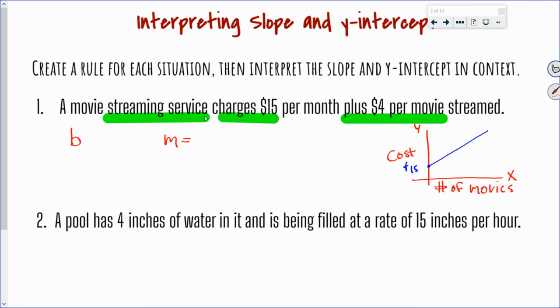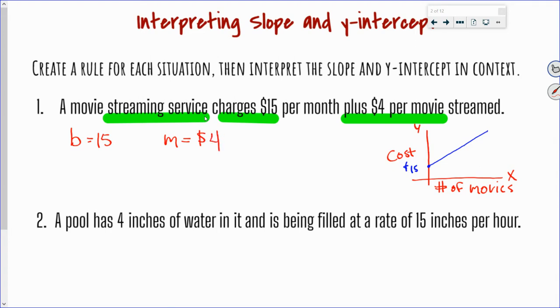Yeah, it's 15. Great. In other words, at the start of this graph, the base thing we're going to pay is $15. That's where it starts, and that's the y-intercept. What about a constant rate of change for each movie? What is it? $4. Yes.